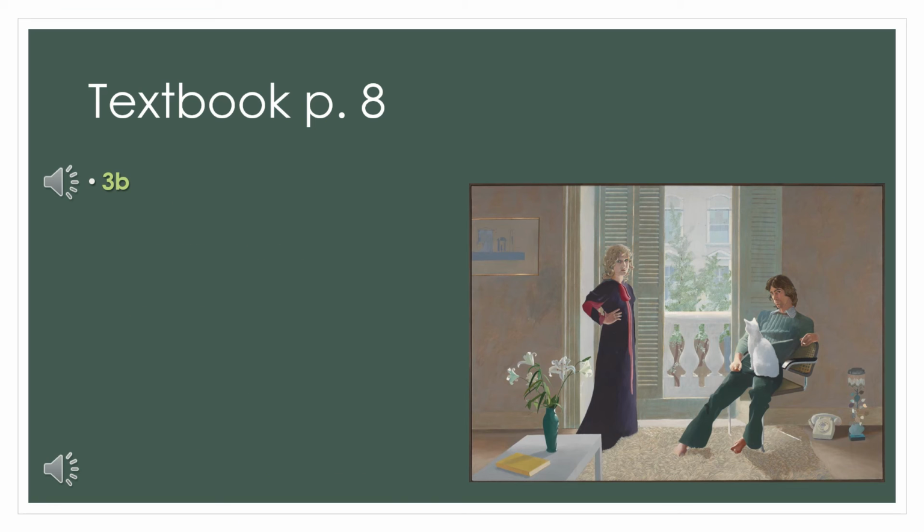Now, let's work on exercise 3B on page 8. In this exercise, you are to underline the verb phrase that is in the present progressive. In the painting, the man isn't wearing or doesn't wear shoes.